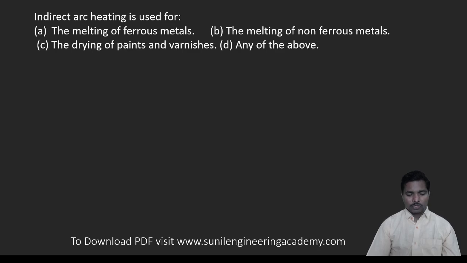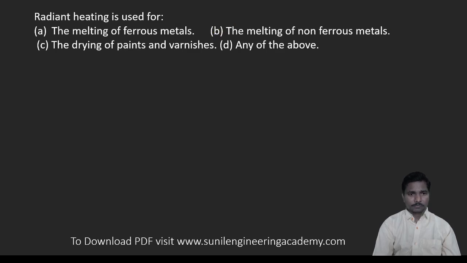Here, indirect arc heating is generally used for non-ferrous metals. Very important: indirect arc heating is used for melting of non-ferrous metals. In the case of ferrous metals, in which we have iron, we can go with direct arc heating. No need of indirect. So for non-ferrous metals, we go with option B, indirect arc heating.